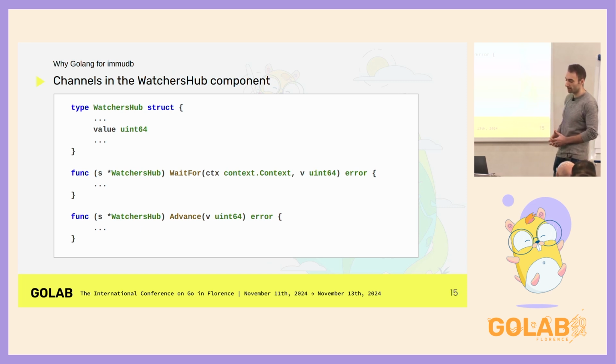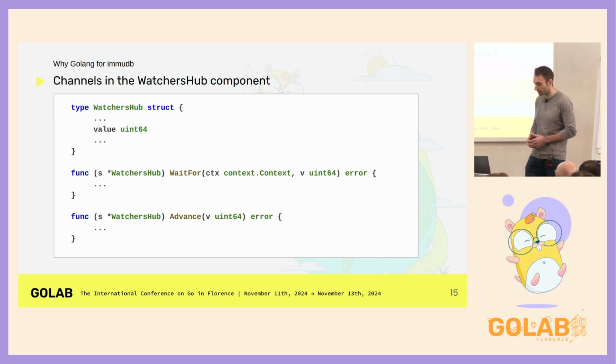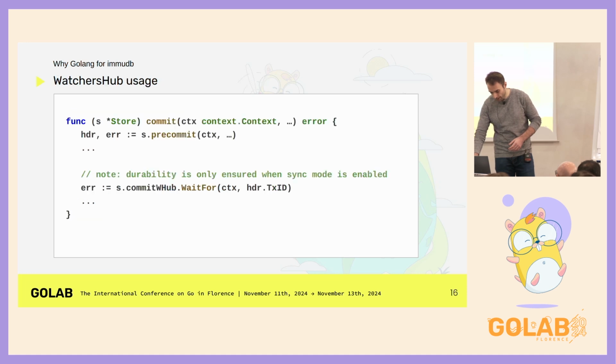Basically, this method is for waiting for the counter to reach the desired value. So let's say it's 10, and we want to wait for it to reach the value 100 before we continue in our process. And the other one is the Advance method, which basically just increases the value of the counter.